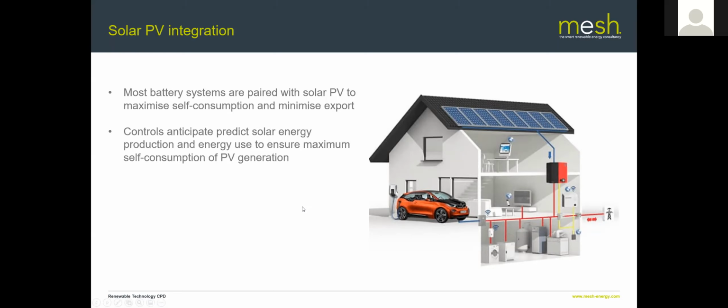Controls in the battery system, and we'll touch on this more a bit later on, can actually predict the amount of solar that will be produced by the array on a particular day. So based on the date and based on historic data, it will work out, I think I'm going to get about this much energy, and it will ensure that if it is importing to store in the battery at off-peak times, it will leave enough space in the battery for that solar generation to be stored.